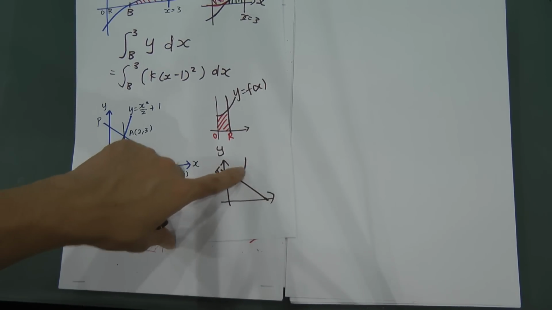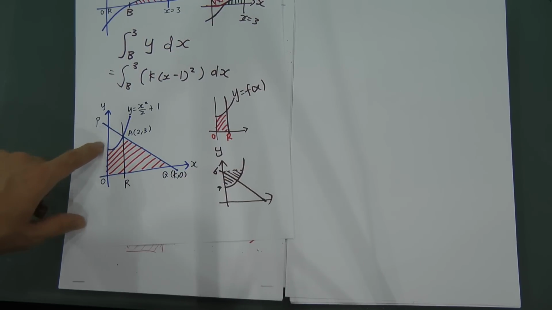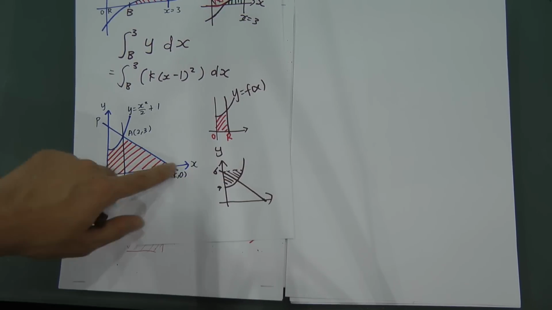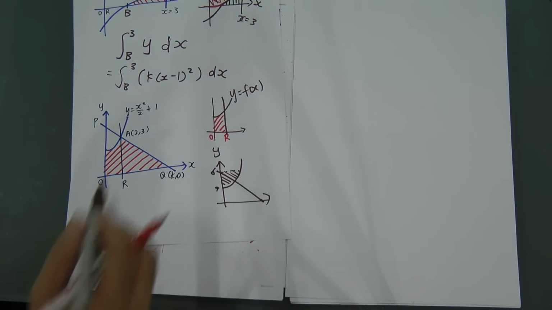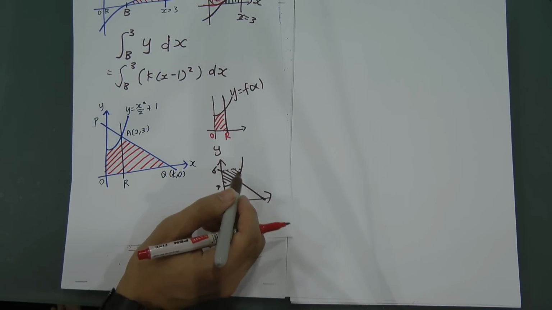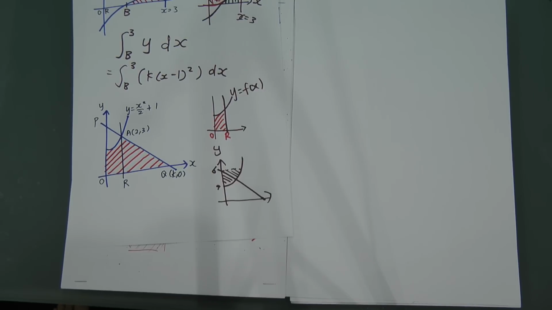Obviously we do not need this area, because you see actually this triangle here didn't include this part, which means finding this area doesn't help.